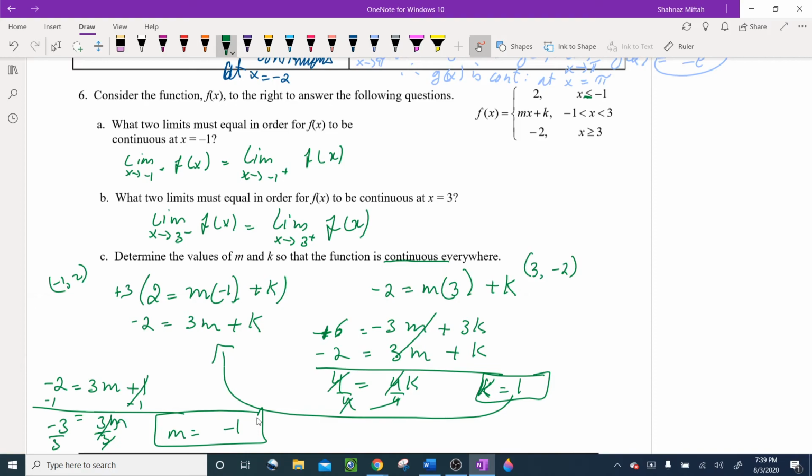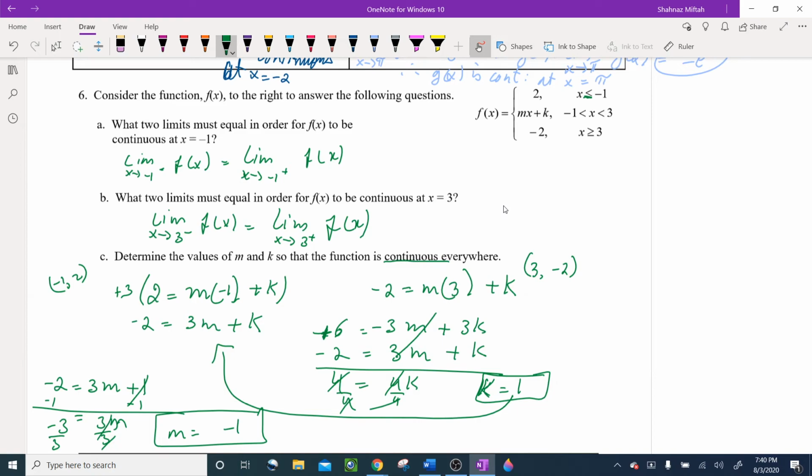And this is how you solve the variable if you have any in the question, like k and m. You can make these two equal each other, and you can make these two equal each other. If I'm talking about these two, I'm talking about x equal 3. If I'm combining these two, I'm talking about negative 1.